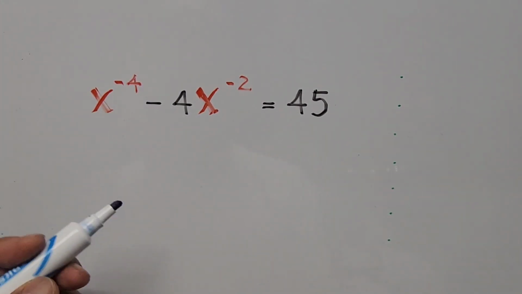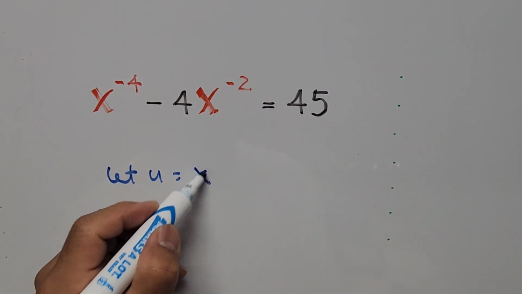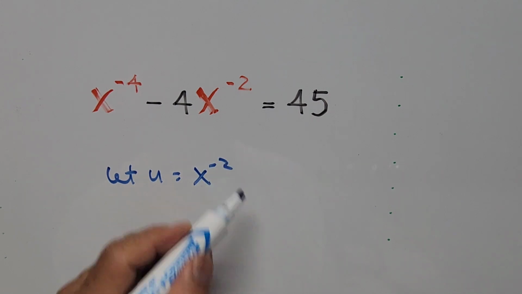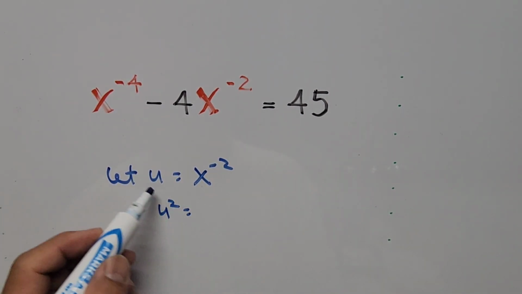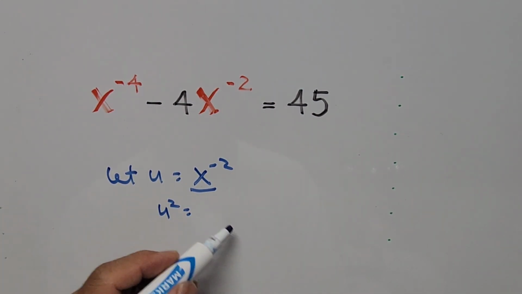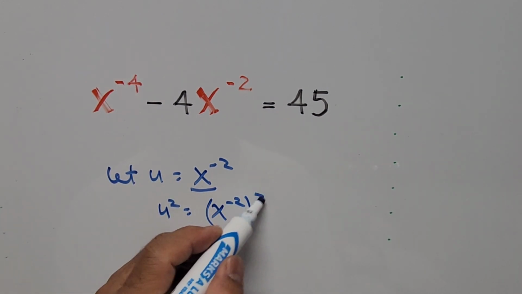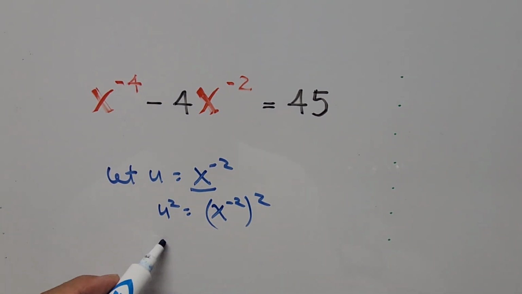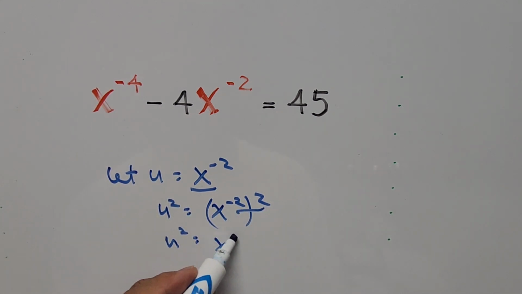So we have here, let u be equal to x to the power of negative 2. And u squared is the same as raising the value of u, squaring it, right? Raised to the second power. So that is x to the negative 2 raised to the second power. And so u squared is equal to x to the negative 4.